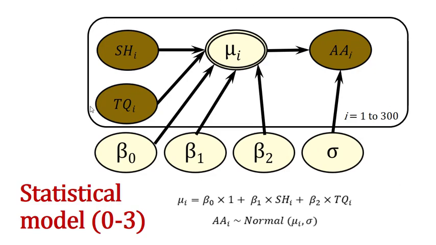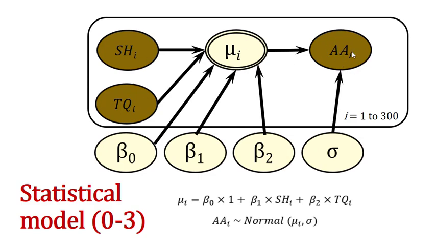Now this rounded rectangle is what we call a plate, and we call it the I plate, and the I goes from 1 to 300. That means that whatever is inside, they all have a subscript I. Whatever is inside this plate repeats 300 times. So basically we have 300 values of study hours, 300 values of teaching quality, 300 mu's, and 300 values of academic achievement.